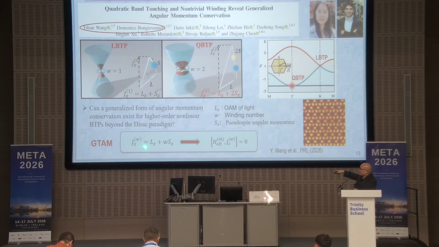The Z component equals Lz plus Sz times omega, or w. Sz is the pseudo spin, and w is the winding number. You see, when you have a winding number, it means it has a topological origin. Okay? So if you define it this way, then the angular momentum will commute with the Hamiltonian. So this proves that the Z component is conserved.